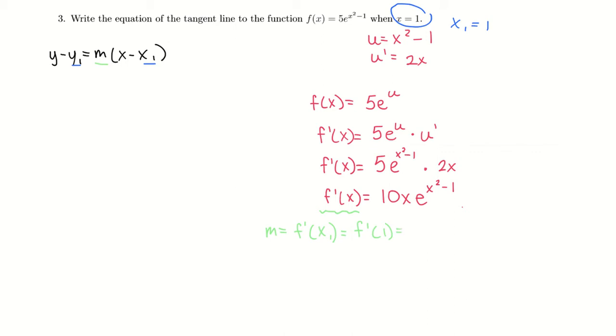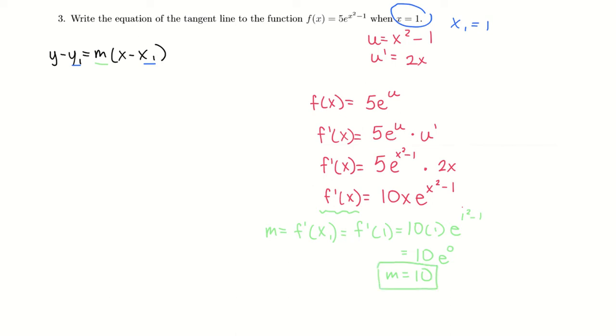So that just means plug in 1 to our derivative function here. So 10 times 1 times e to the 1 squared minus 1. That's going to be 10 e to the 1 minus 1, or e to the 0, which is just 10. So our slope for our line is going to be m equals 10.